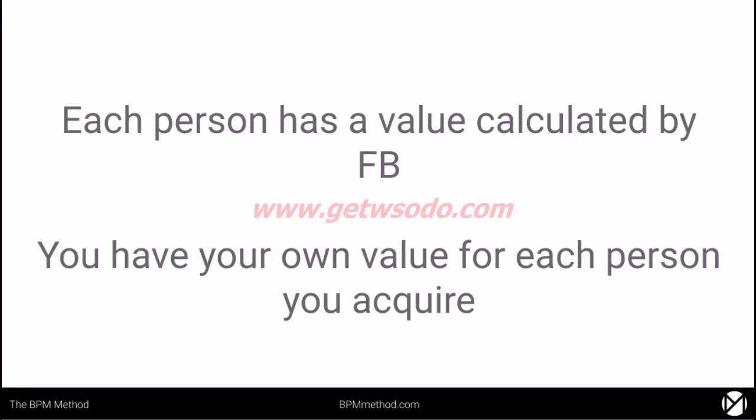When it comes to the auction, Facebook actually put a value on each and every user. So when you're advertising on Facebook, depending on what you're selling, how you set up your campaigns, what kind of campaign types you've got, what kind of ad formats you're running, they all play a big impact on the type of person you can reach, and also what the value of that person is as well.